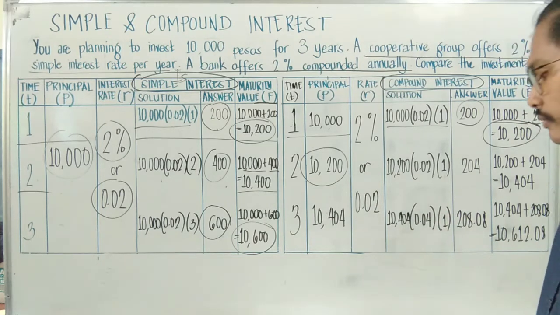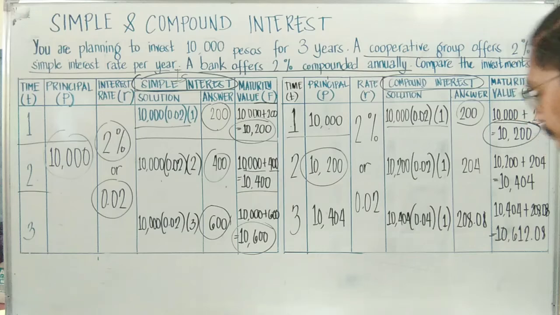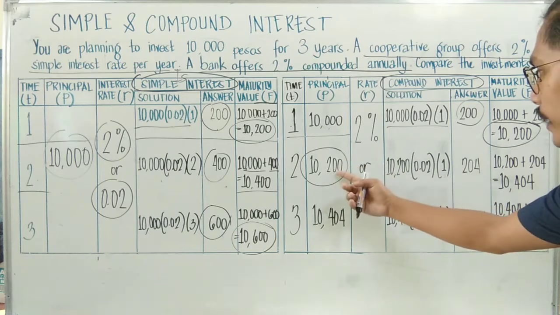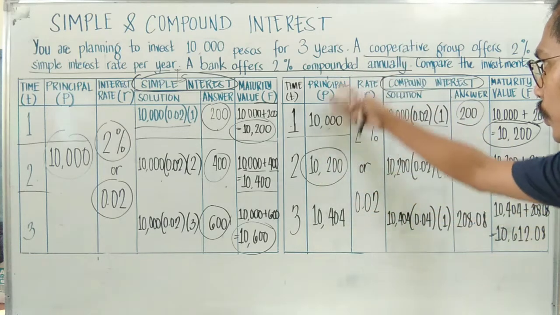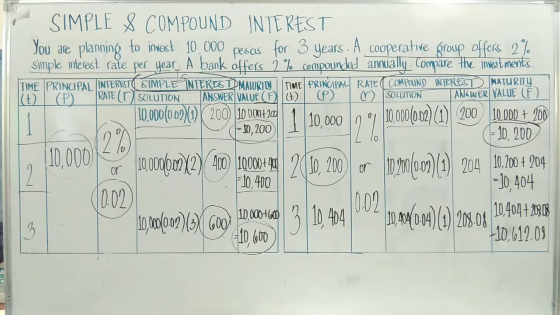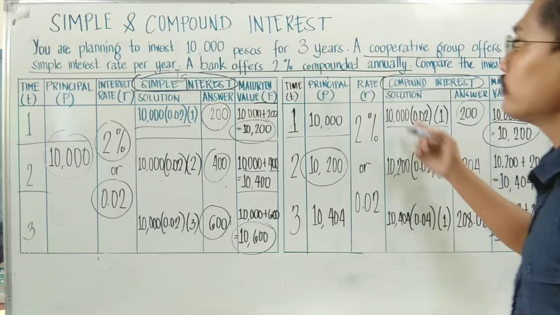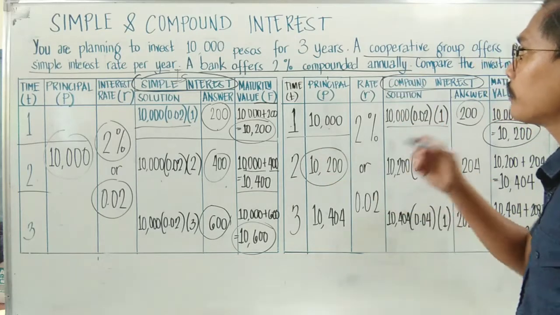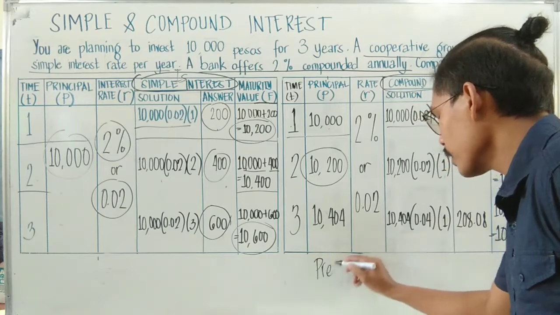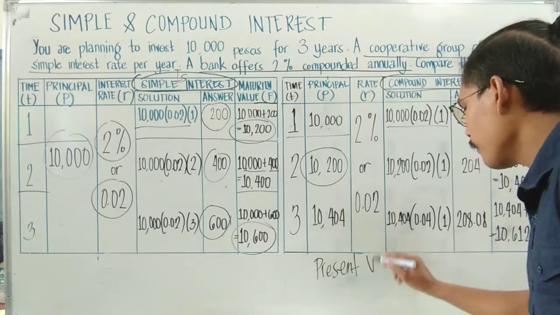So the interest here is 200. That 200 will be added to your principal, and then that 200 will earn another interest. That is why on the environment of compound interest, we have this term as present value.